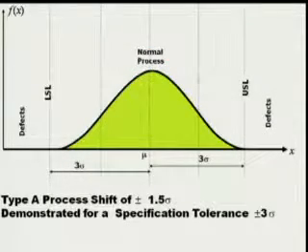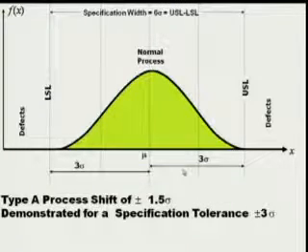Very good. Here is a 3 sigma process, and you can see here that this is a normal curve and the expansion here is 3 sigma to the right, 3 sigma to the left. Now if we have 3 sigma to the right and 3 sigma to the left, then the specification limit will be at 6 sigma.